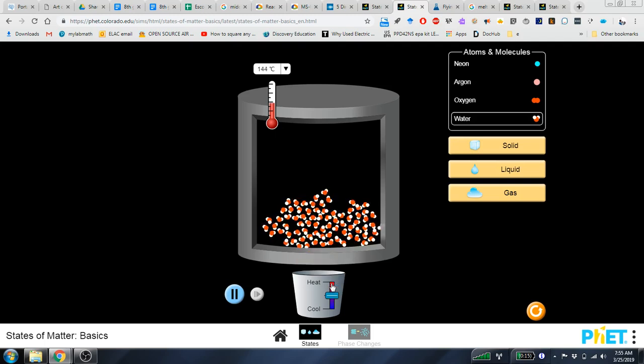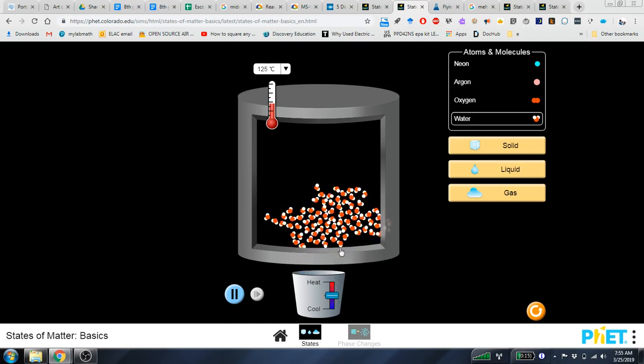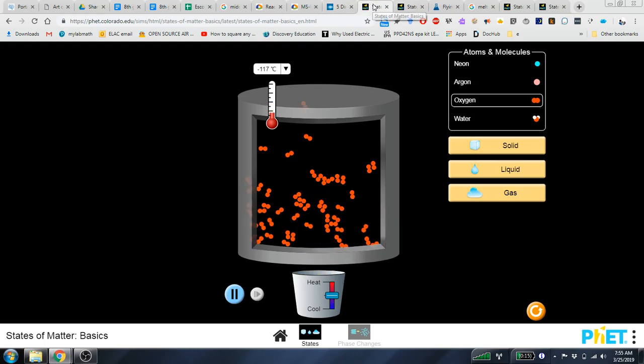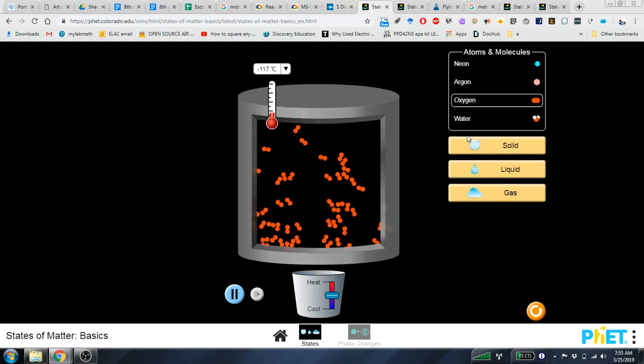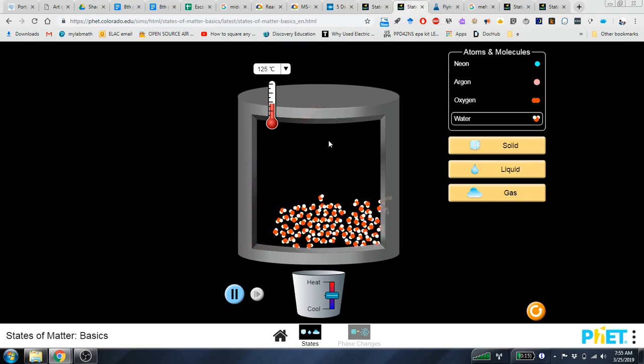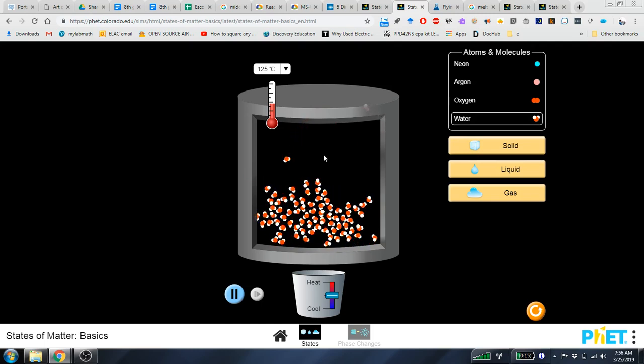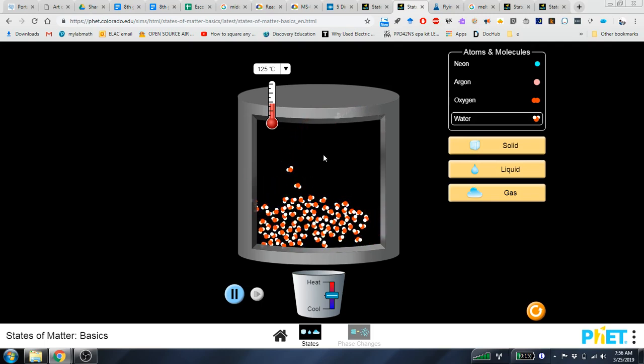But the salt is going to remain, so they don't have a way of doing this on the game, but they need to be able to think that although the water is going to rapidly become a gas, the salt is going to remain a solid because the melting point of salt is very high, and they'll find on the internet it's something like 800 degrees Celsius.